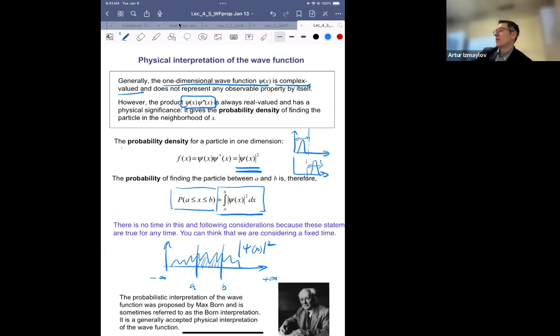Of course, this is a very simple case which I drew here, like a classical situation, but in reality things could be more complicated and more delocalized, where the particle with some probability could be either here or there.